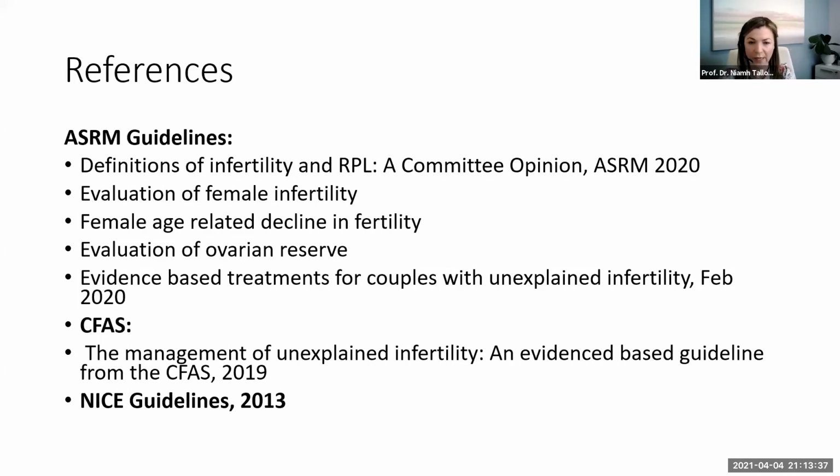FSH is a different story. If an FSH is really over 20, and it looks like they're menopausal, they're not cycling, their ovaries are quiet, I would just say, look, you need to do donor eggs. But for the most part, all of that is laid out up front in our counseling, and it's just to give them a sense of the realistic odds.